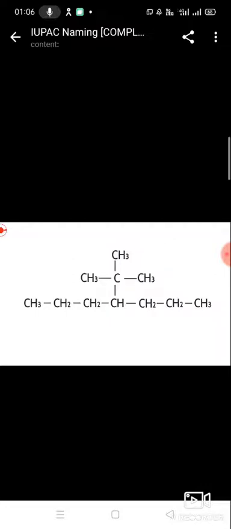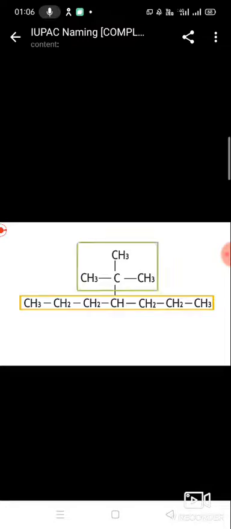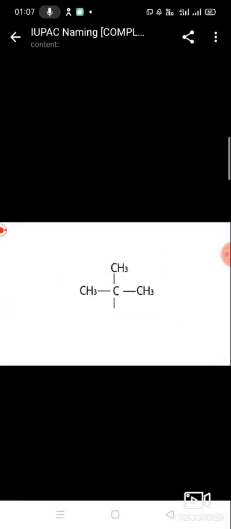What is present? On the fourth carbon atom, one methyl group is present. In this methyl group, what is present? 3 carbon atoms are attached. When one carbon atom is surrounded by 3 carbon atoms, that means a methyl group.